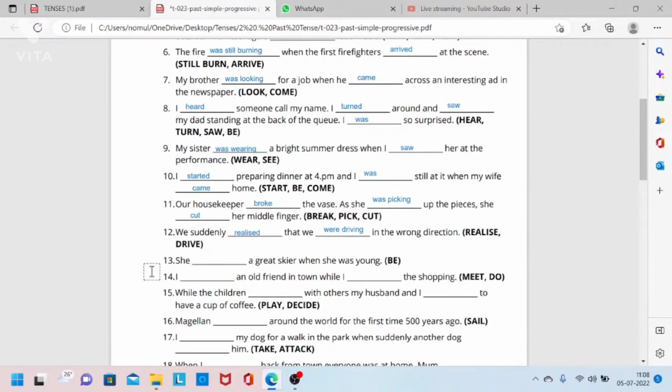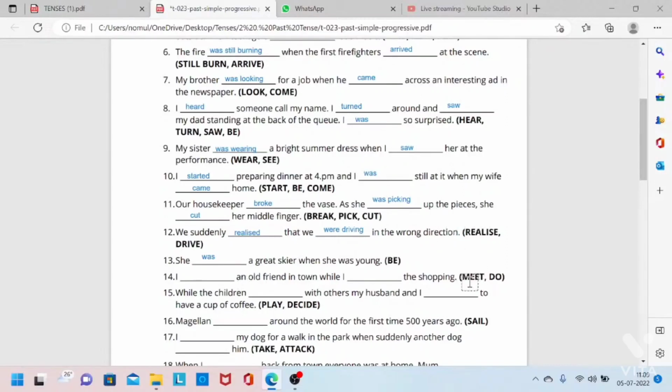She dashed a great skier when she was young. So B will be changed now. Very easy, everybody can say that. Yes, I know many of us thinking that is was. She was a great skier when she was young. Of course, that is true. And I dash an old friend in town while I dash the shopping.